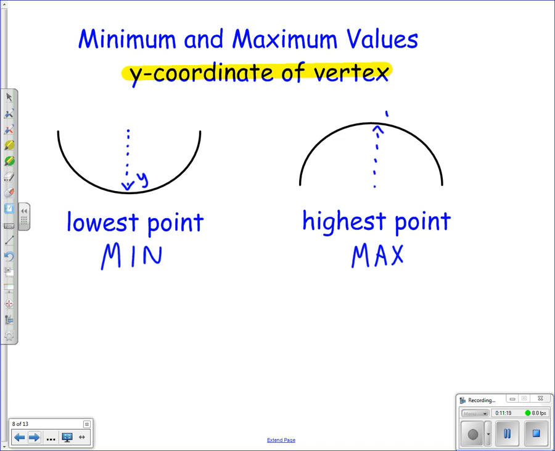So it's how far up I'm going for that y, the very top of my parabola. Notice that when the parabola opens up, that would be our positive leading coefficient, and it will give us a minimum value. And the maximum is where the parabola opens down, and that would be our negative leading coefficient, so that y is going to be at the very top.